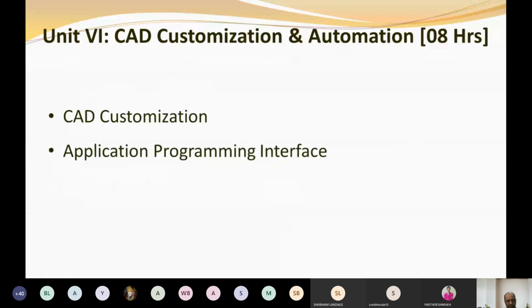Now CAD customization and automation. Customization means, for example, your nut bolt assembly. The nut bolt assembly will have some dimensions. We define the nut bolt in terms of M8, M10, M12, M6, M5, M20. There is a facility which can be used to customize these things.